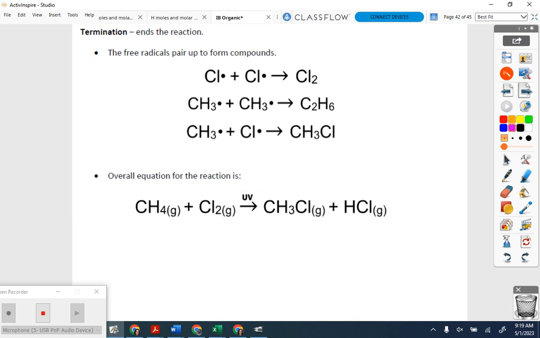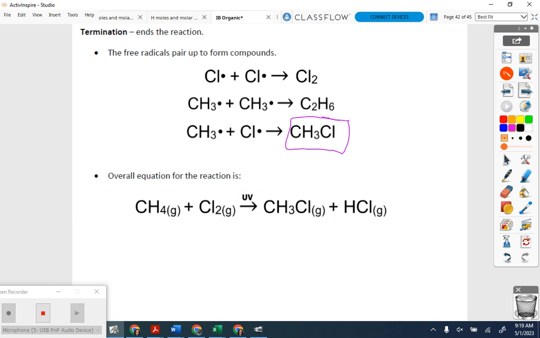So what ends up happening, though, what we write for the reaction, this is the most common product of the termination step. This doesn't happen as often. It's going to depend probably on the proportions of the stuff that's in the mix. But this is the main outcome.